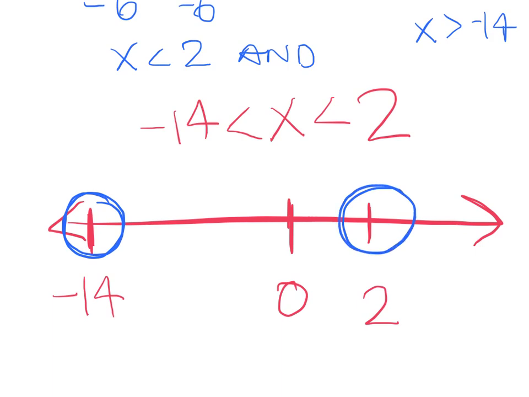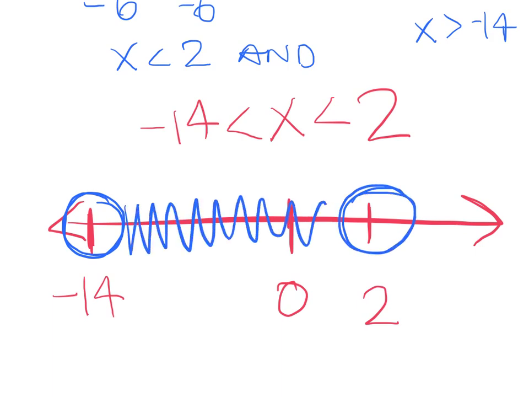So I'm going to do that for both of them. And shading here is going to occur in the middle. So I need to shade where x is greater than negative 14 and where x is less than 2. The only solutions I have are between negative 14 and 2, but not including either of those two numbers.